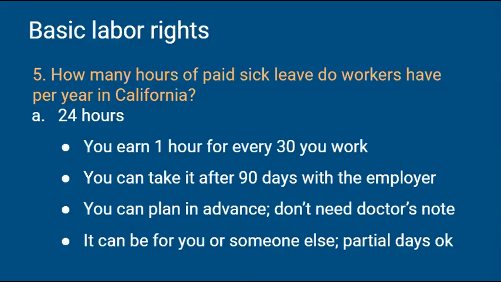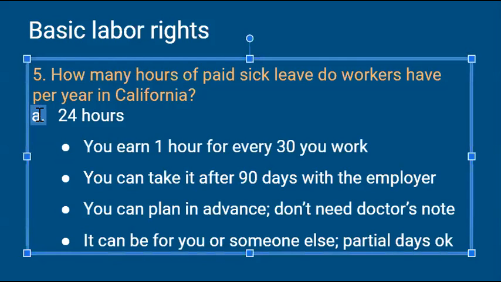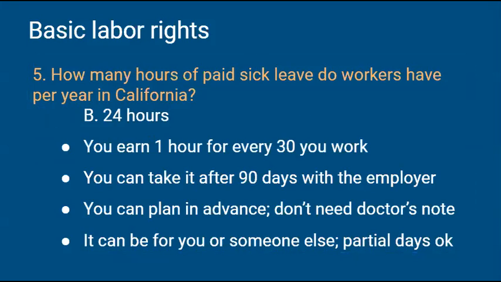There are some really good aspects of this law. It's not nearly enough time for sure, but there's some flexibility in it, which is helpful. Roughly you earn about an hour for every 30 that you work, and you can't take it right away. You have to be with the same employer for 90 days, and then you're allowed to take it. Of course, the employer can choose to let you take it earlier, but this is just what the law says.